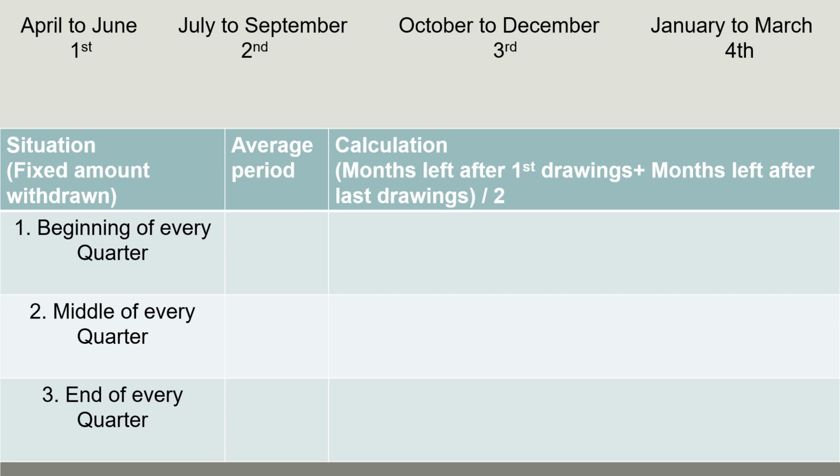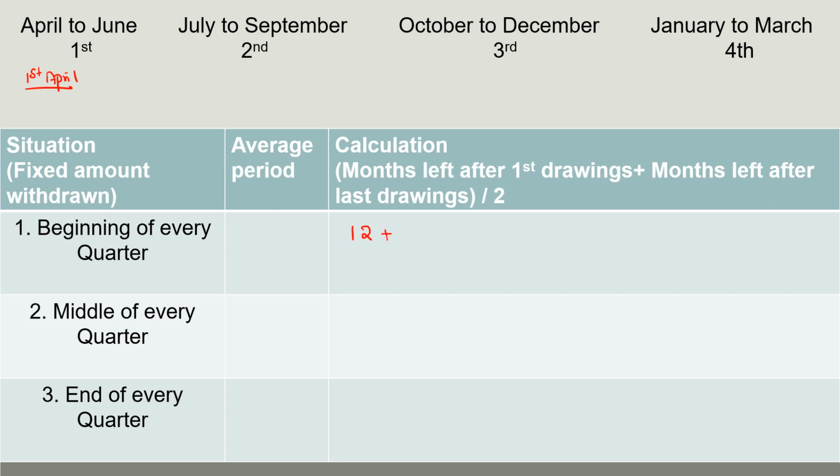Now the first situation we take is when the fixed amount is drawn by the partner at the beginning of every quarter. Which means the first time he makes the withdrawal on 1st of April. So April 1st is the first withdrawal. That particular amount is outstanding from 1st April to 31st March, that is 12 months.